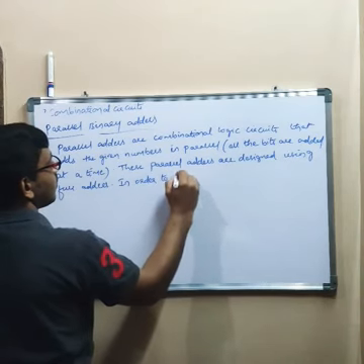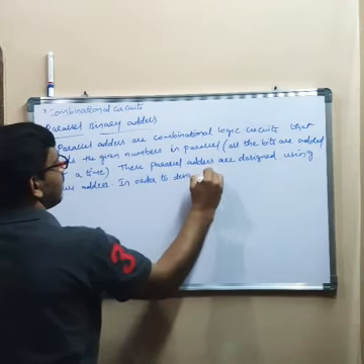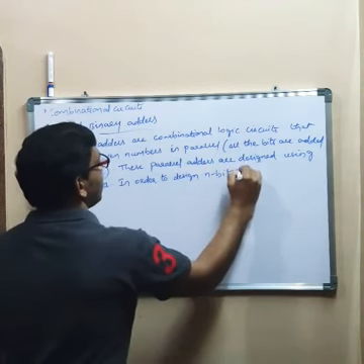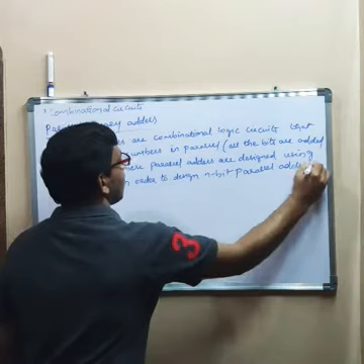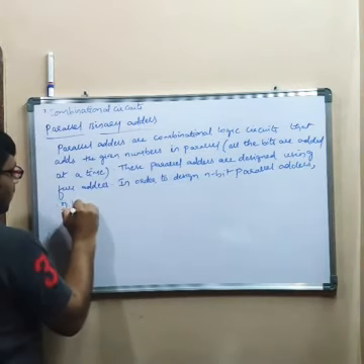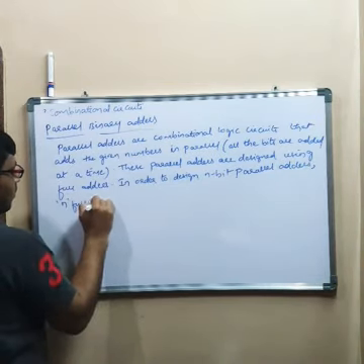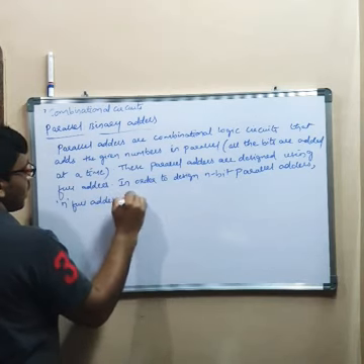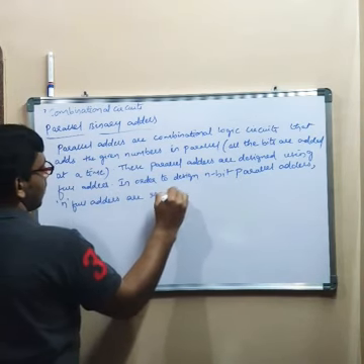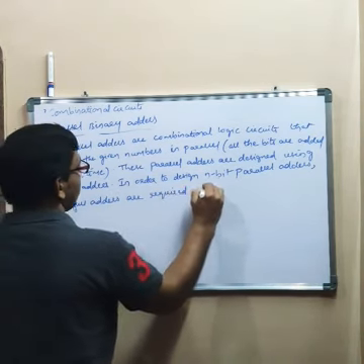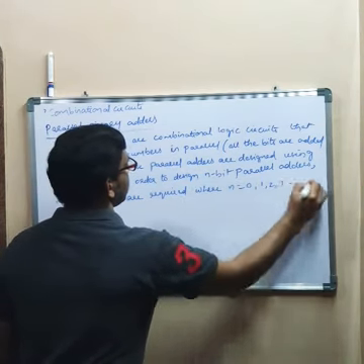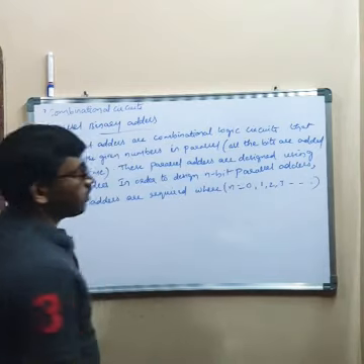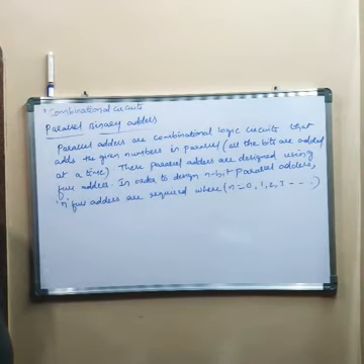In order to design an n-bit parallel adder, n full adders are required, where n is equal to 1, 2, 3 and so on, right?